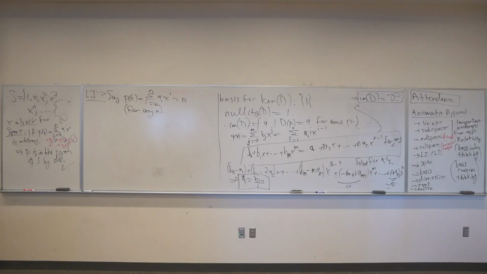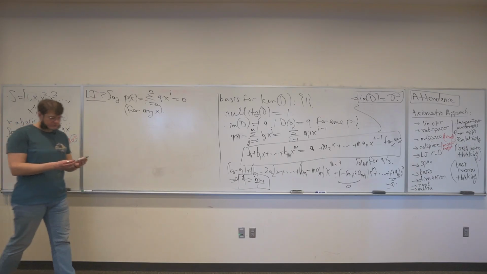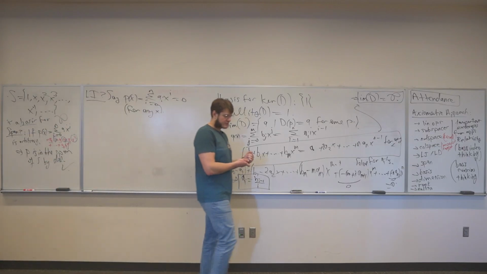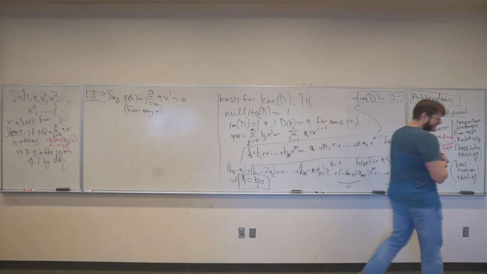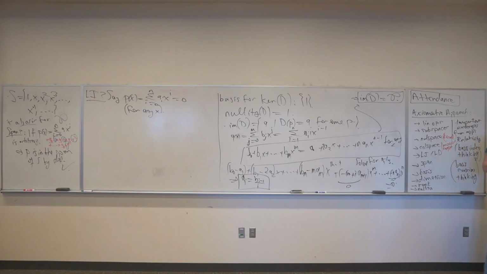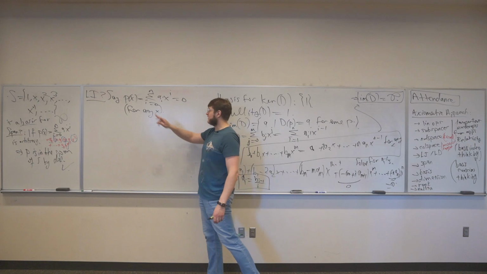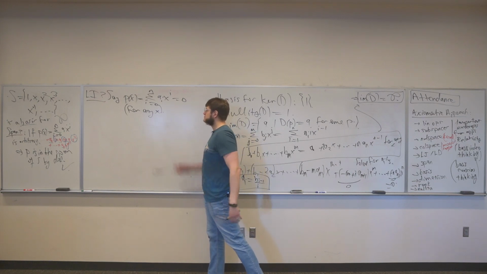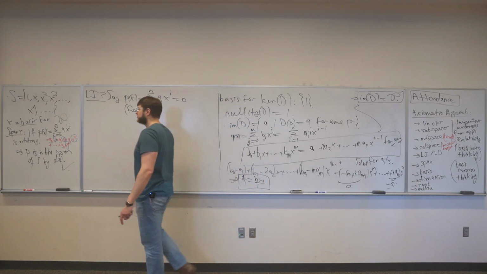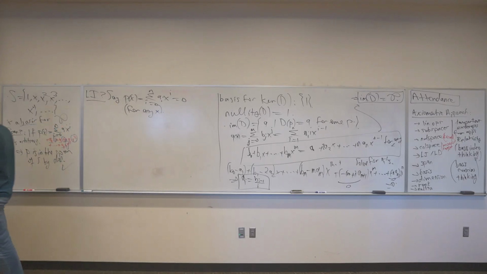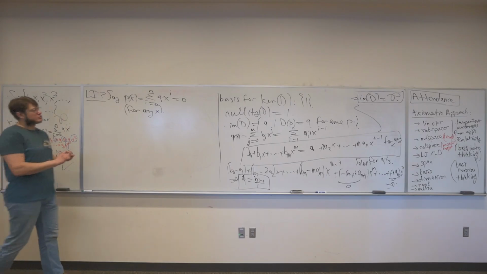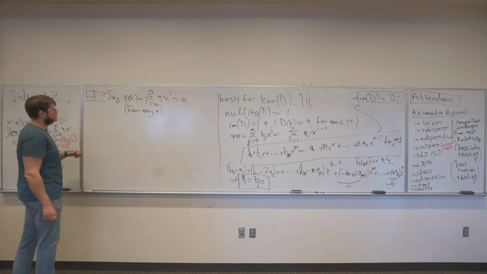If you want to go down the algebra route, you would use the fundamental theorem of algebra, which says that any nonzero polynomial has at most finitely many roots. But for this to work for arbitrary x, it would have to have infinitely many roots, which means the only way this can happen is if the polynomial itself is 0. You can do it that way if you know the fundamental theorem of algebra.